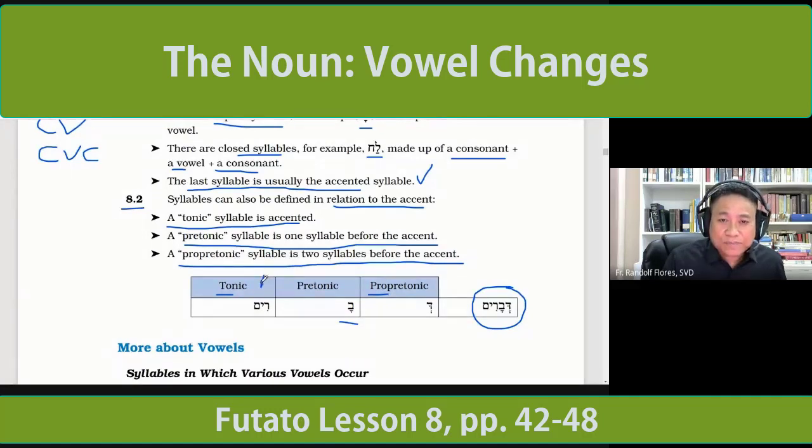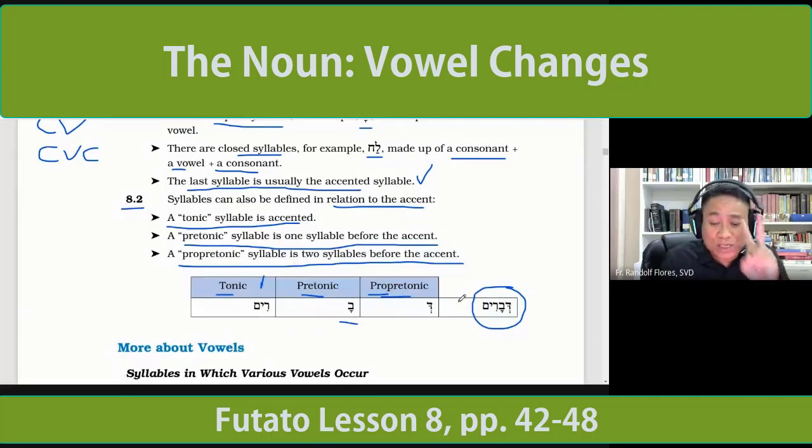That's the tone. Now, the va there is the pretonic, and the de there is the propretonic. So, a pretonic syllable is 1 syllable before the accent. A propretonic syllable is 2 syllables before the accent. Sometimes, there are only 2 syllables, so there is no propretonic.